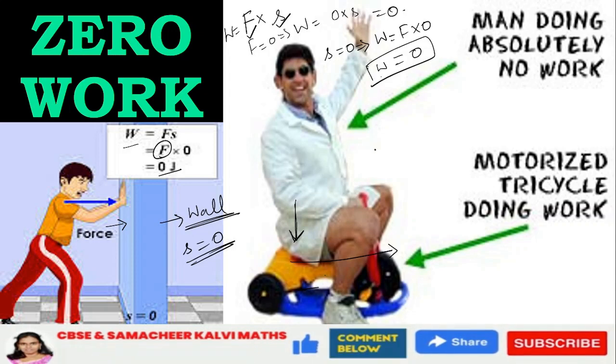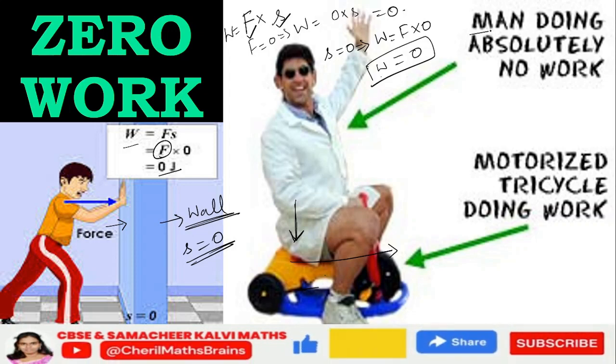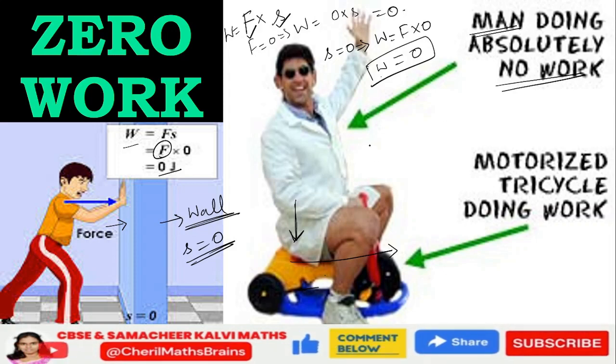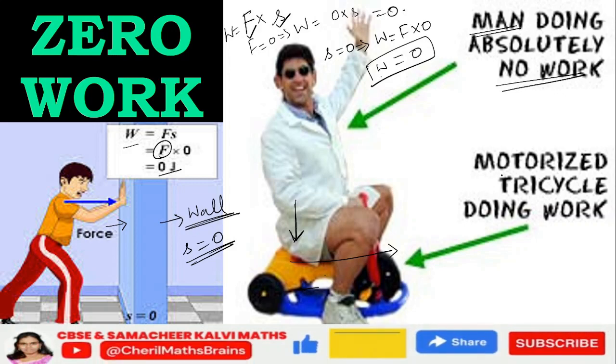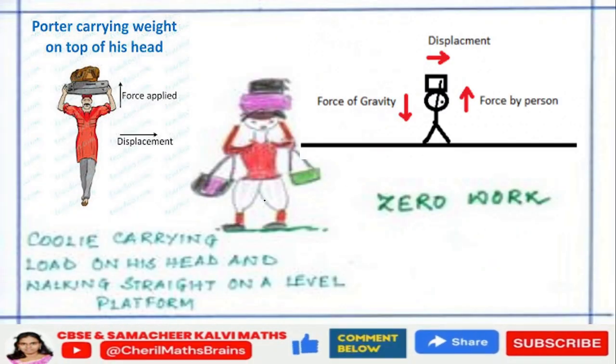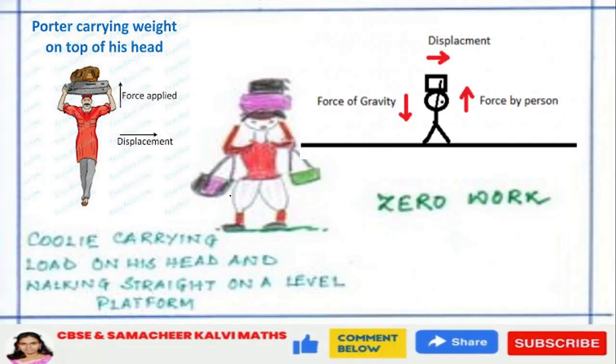So even in this case you can say that the man is doing absolutely no work. They are going to ask the work done by man, it is 0. The work is done by the tricycle because it is going to be what? A motorized tricycle. So we will see a little more of these concepts, children.